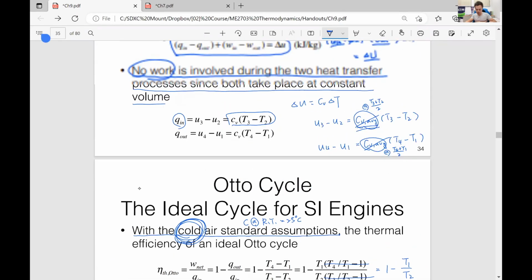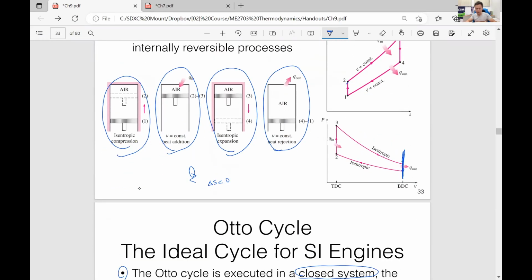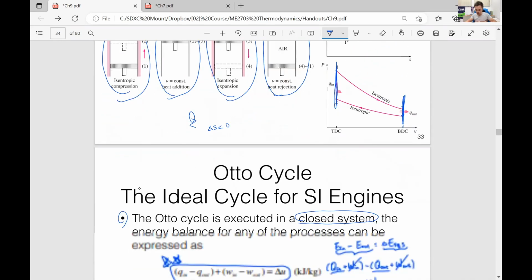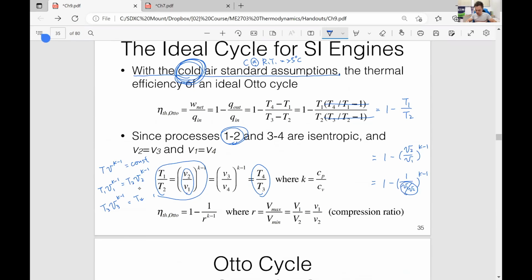If you look at the PV diagram, V1 and V4 are maximum, V2 and V3 are minimum. Okay. So V1 over V2 is actually the compression ratio. But don't forget, compression ratio is a volume ratio, but here this is a lowercase v, so this is a specific volume.